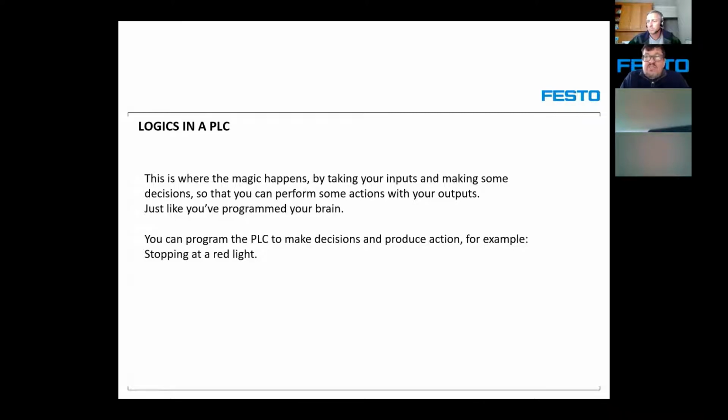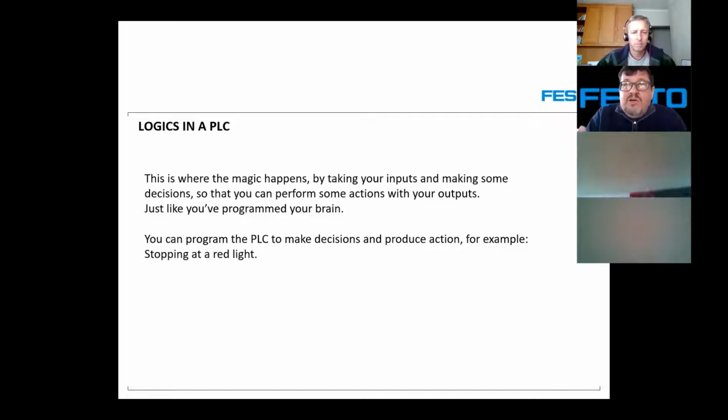Like I said to you, you approach a traffic light and you sense that the traffic light is red. You need to stop. You make a decision by putting your foot onto your brake, and you stop your car, for example. That means the logic part is your decisions. You can program a PLC to make decisions and produce actions, for example, stopping at the red light, like I've mentioned to you before.